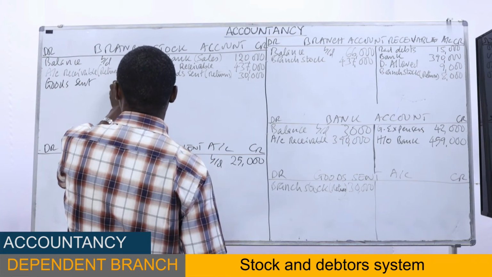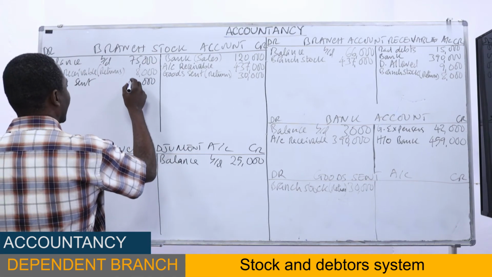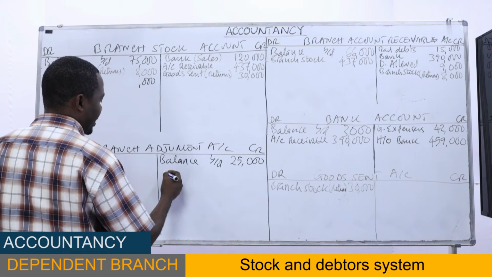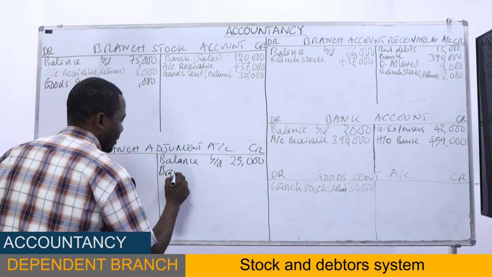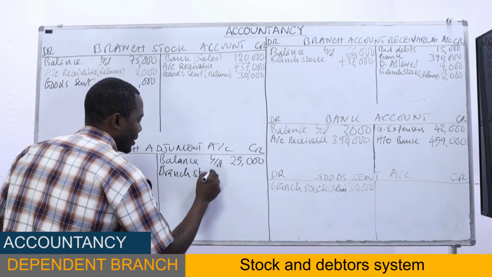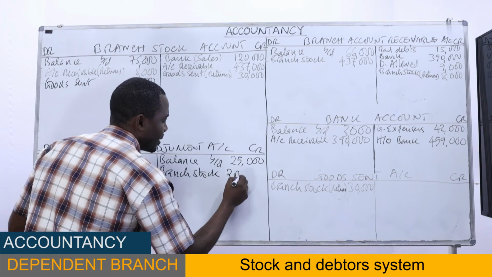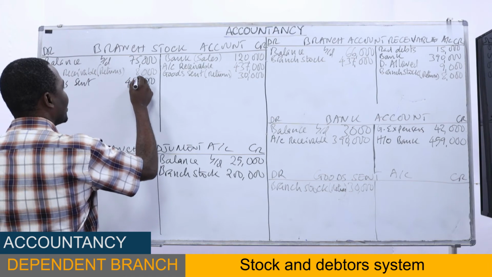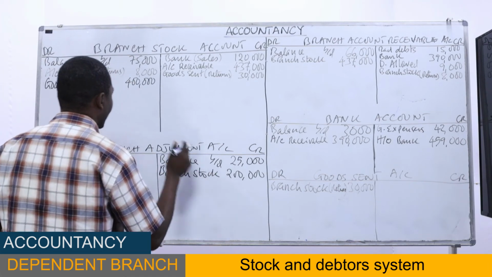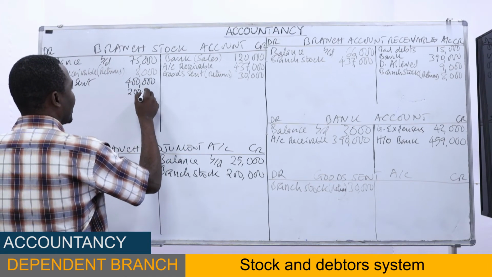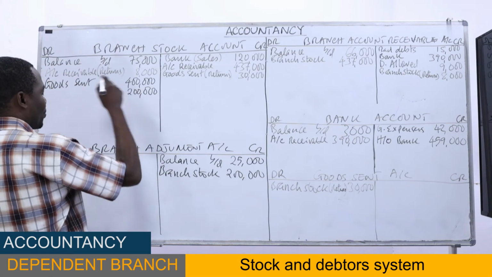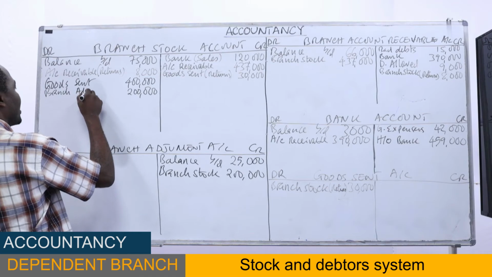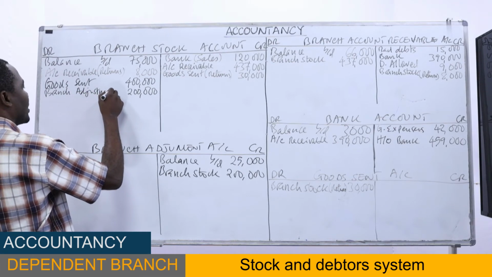Then for goods sent, normally this will be recorded at cost. So if the profit loading here, in branch stock, will be 200, as we have computed, then this should be 400 to goods sent, and the difference that makes the 600, we adjust it to branch adjustment.